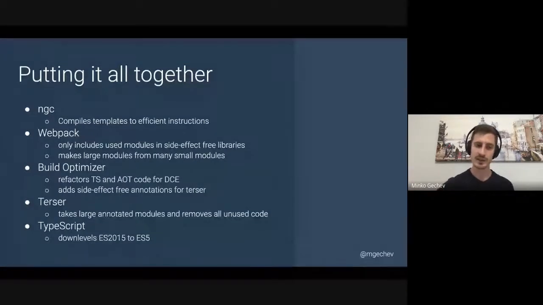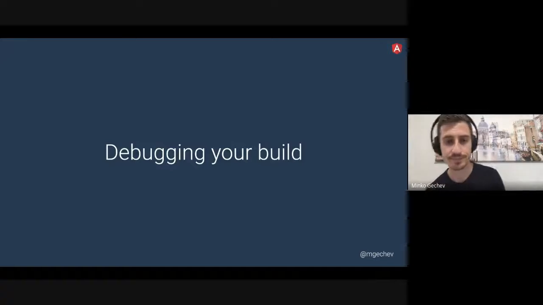We are annotating this JavaScript with our build optimizer so that we can annotate side effect-free constructs. And right after that, we're passing it to Cursor so that it can perform tree shaking and get rid of unused source code, as well as perform some transformations to make your application smaller. Right after that, we have an ES 2015 output that we just down level to ES5 for differential loading. And well, that's pretty much all of it.